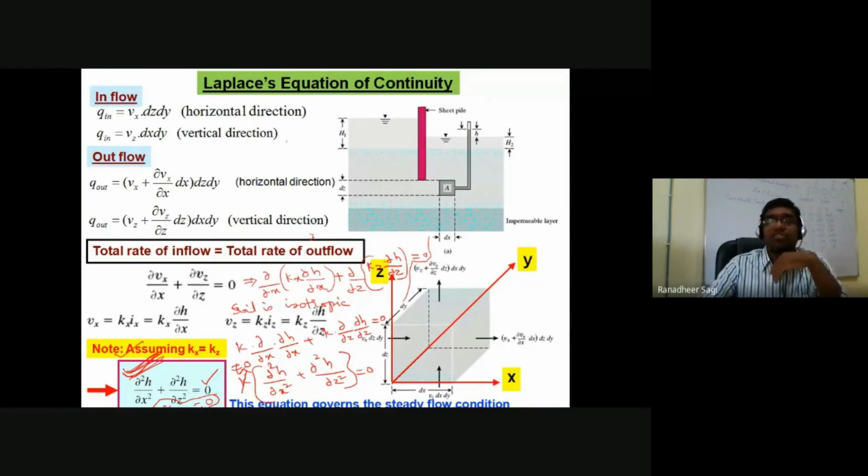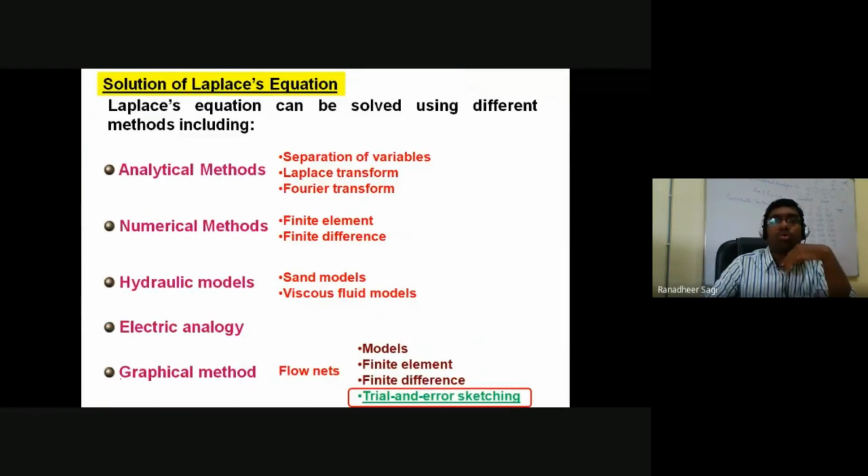Now our objective is to look at how to solve that Laplace equation. Once we solve the Laplace equation, we'll get the solution for how the flow is happening from upstream to downstream, what the flow condition is, the quantity of seepage or the rate of flow, and how much pore pressure or seepage pressure exists.